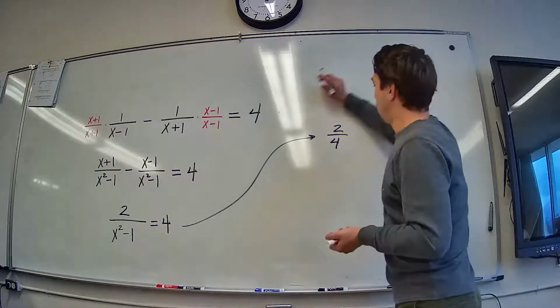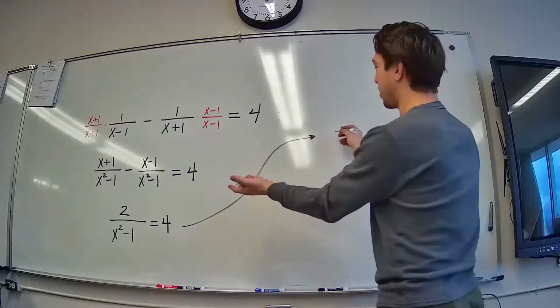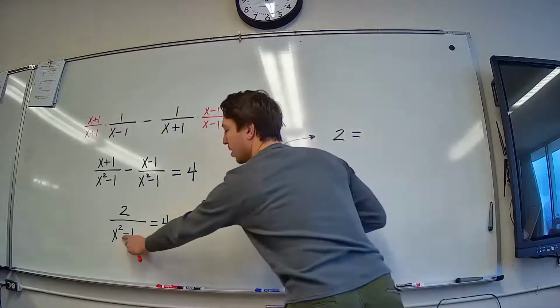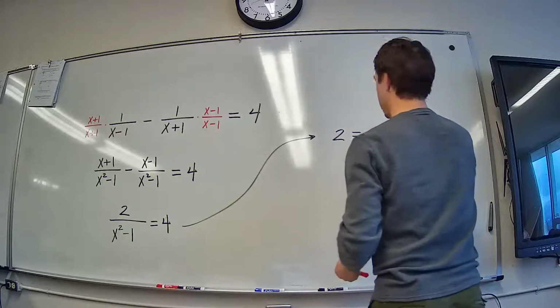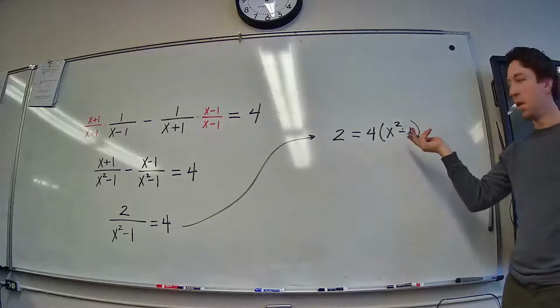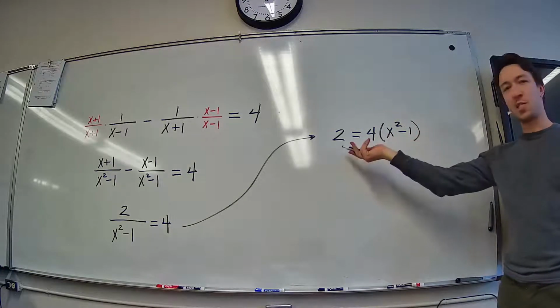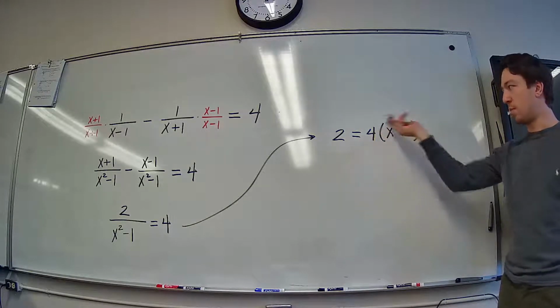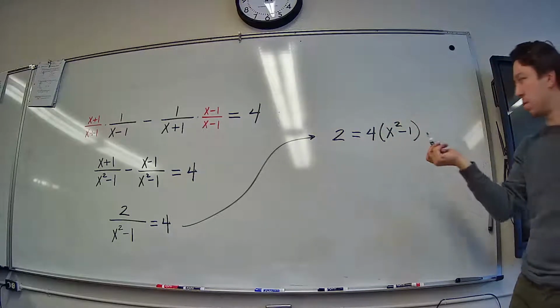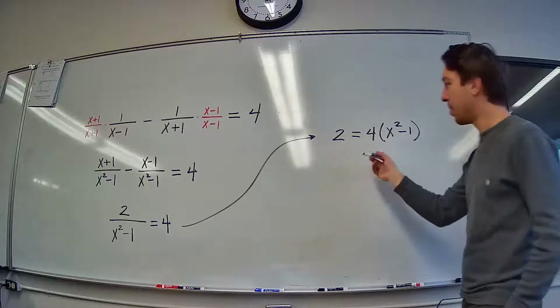What I was getting at is you could basically say I'm multiplying both sides by this quantity here. So kind of like this. There's the intermediate step, right? Now from here, could I divide both sides by 4? Or could I distribute the 4 into here? Those are both fine. Whatever you want to do. So I'm going to just divide both sides by 4.